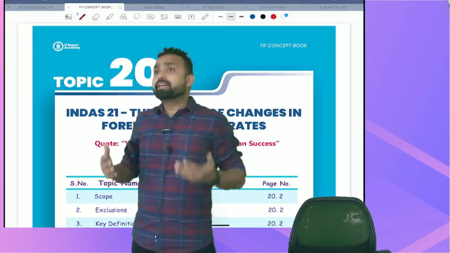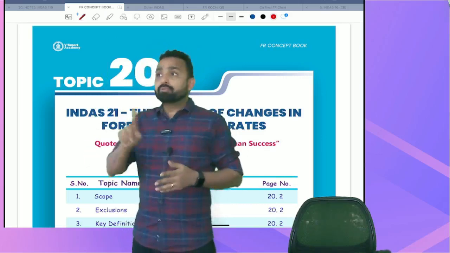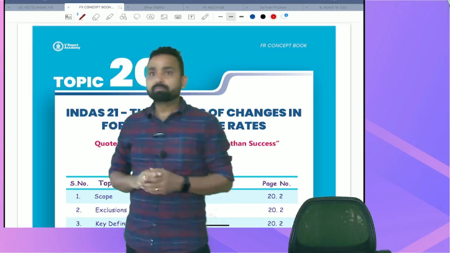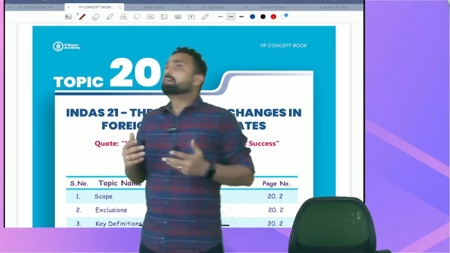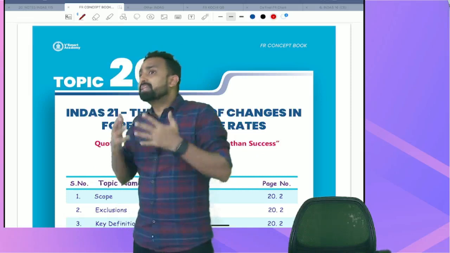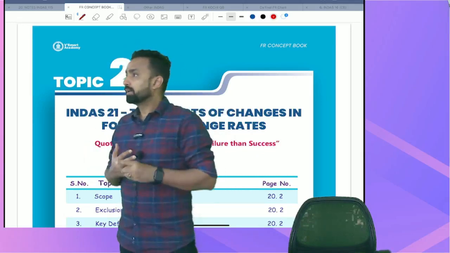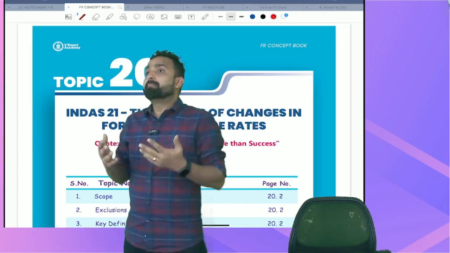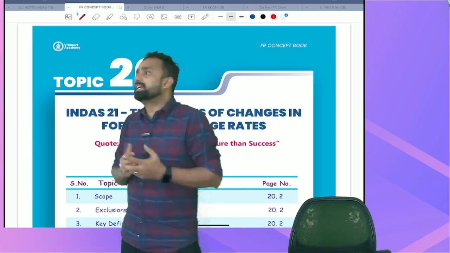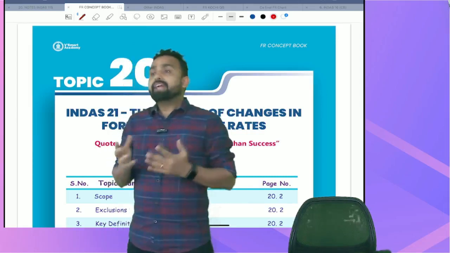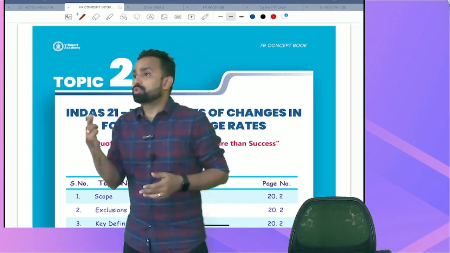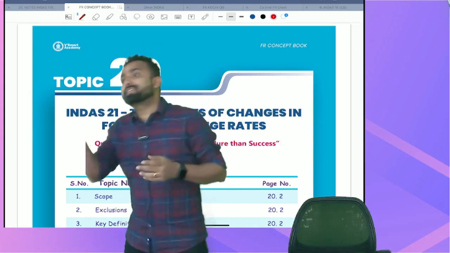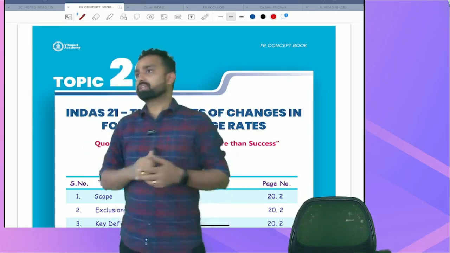Suppose the entity is dealing in multiple currencies, but there must be one currency which is in the dominating position, or a particular currency in which management generally takes decisions, a currency where the entity's major revenue is generated. The sales price of goods is getting affected because of that currency. The sales price is affected by which currency? It is the functional currency.